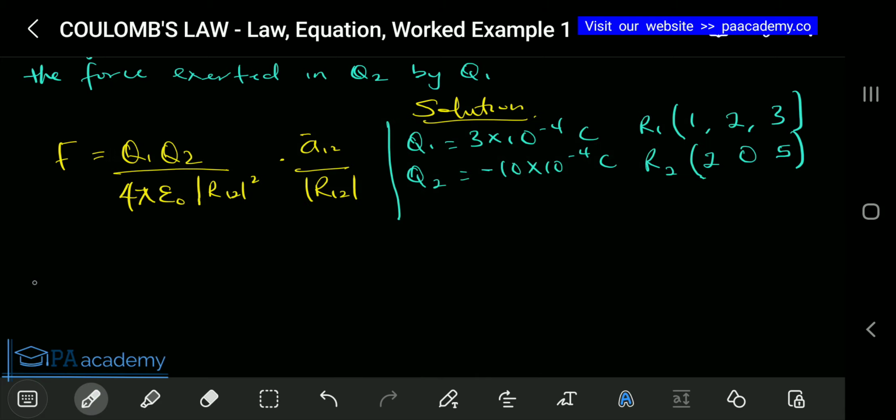Let's start with calculating the value of our R12.